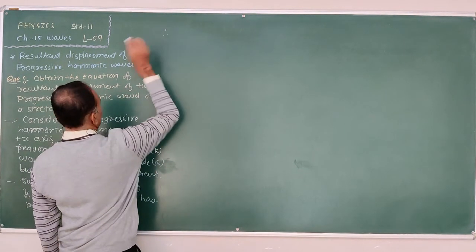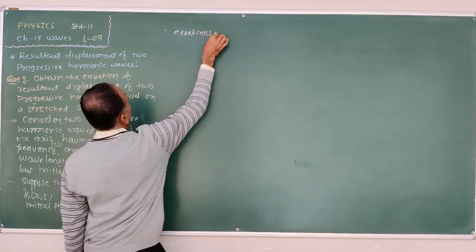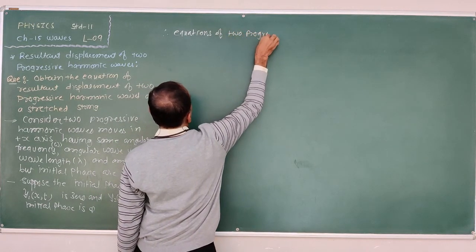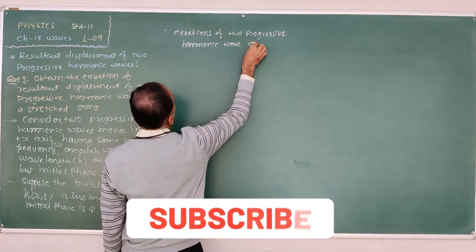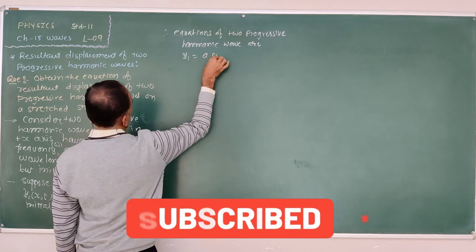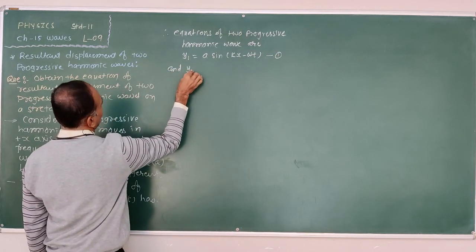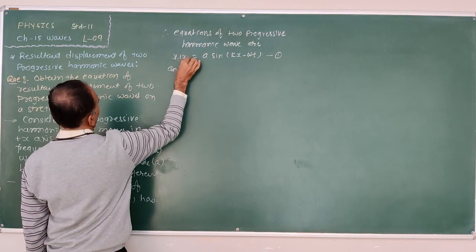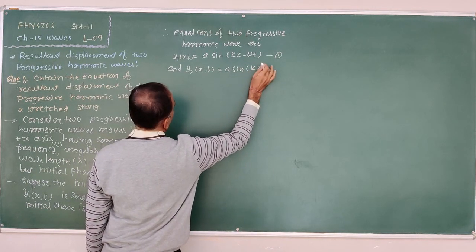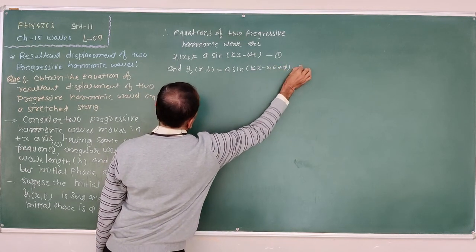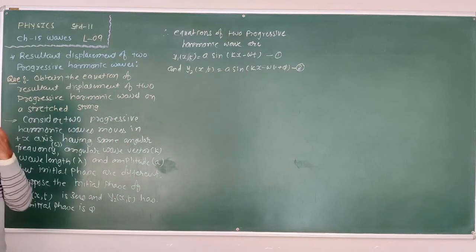Therefore, the equations of the two progressive harmonic waves are: the first, y1 = a sin(kx - omega t), equation 1, and the second, y2(x,t) = a sin(kx - omega t + phi), equation 2.